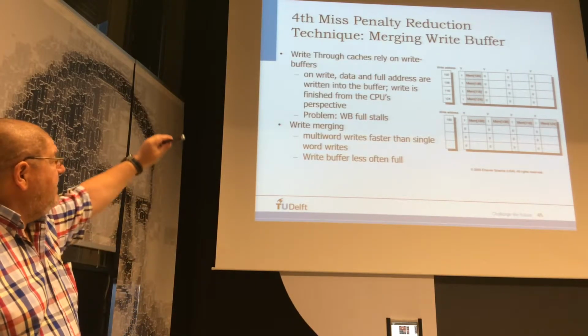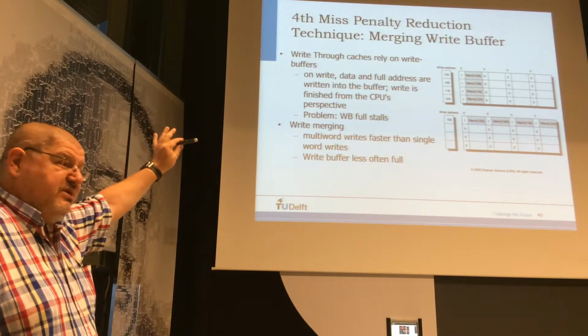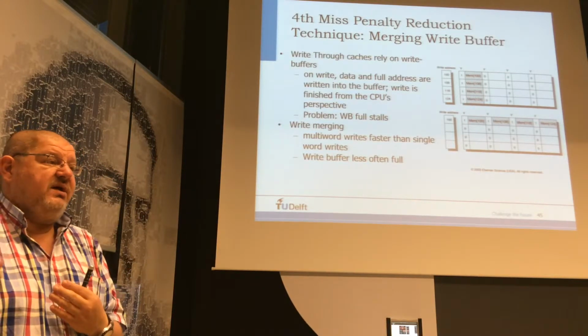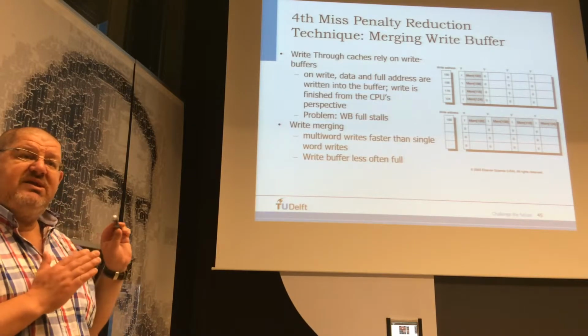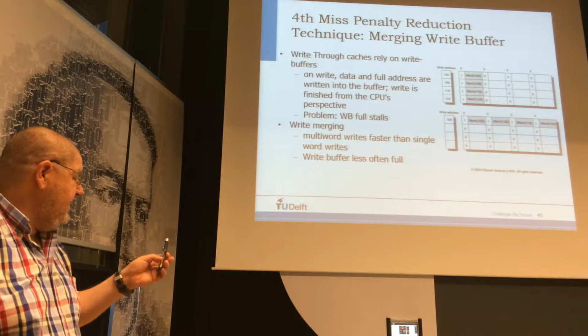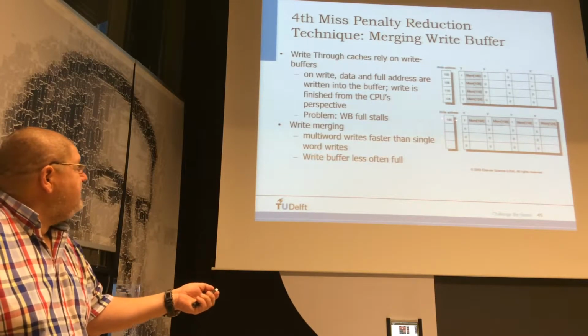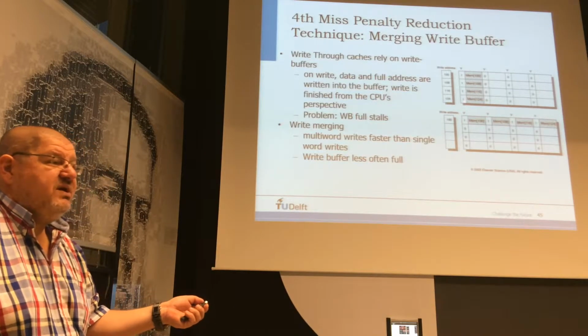Then instead of remembering the address and the value explicitly, whenever they are consecutive, I remember the address, and then the addressing will be kind of implicit and I put them one after the other in this way.